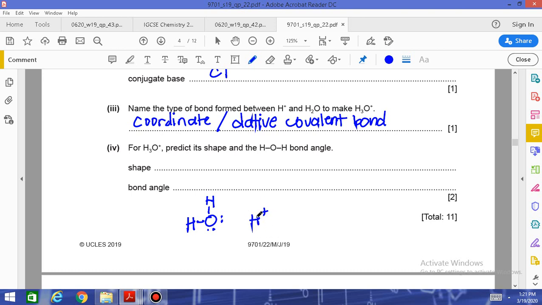Hydrogen is stable if it has two valence electrons, or two outermost electrons. So in this case, the oxygen atom from water donates a lone pair of electrons to H plus.